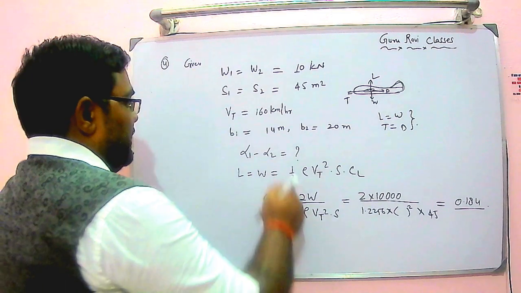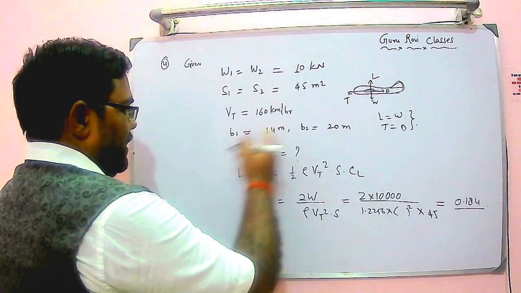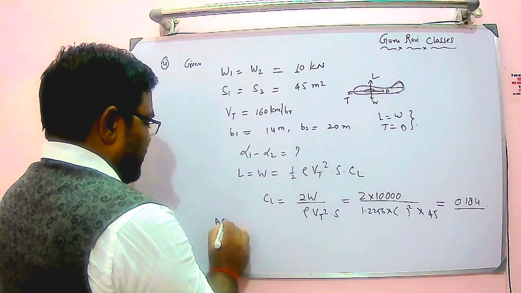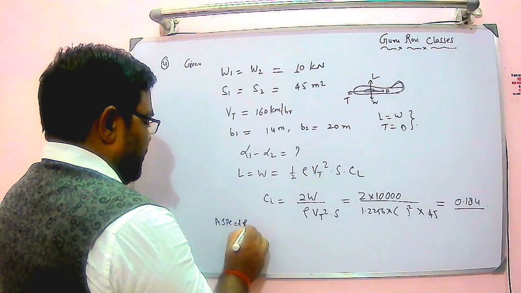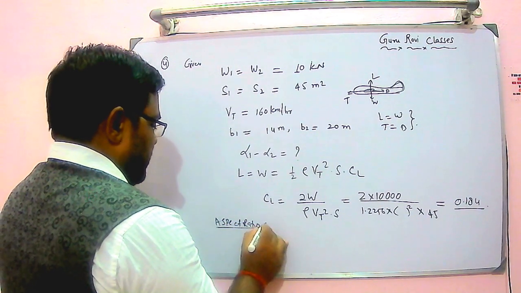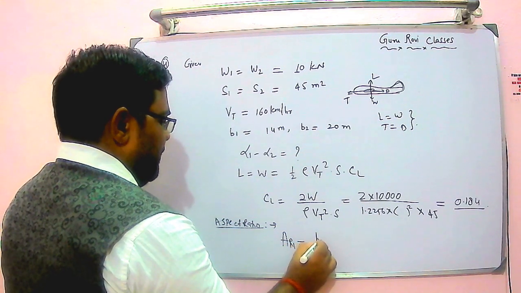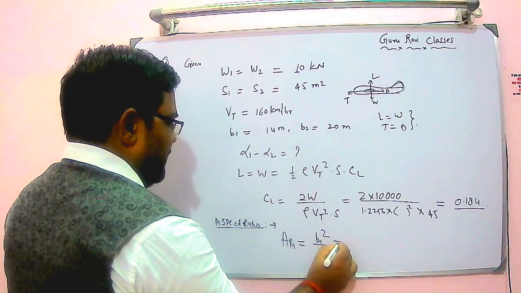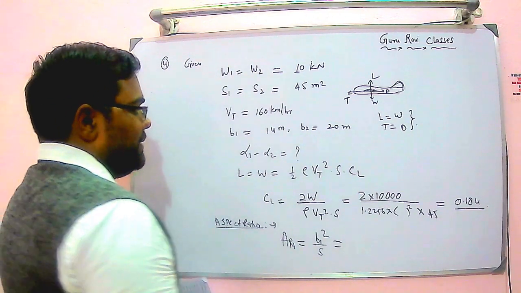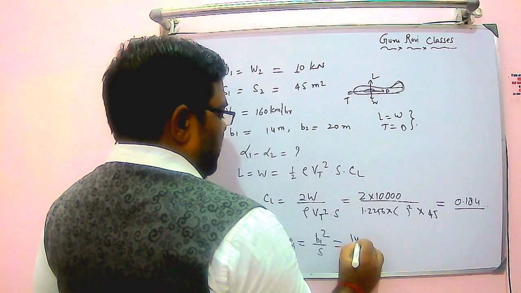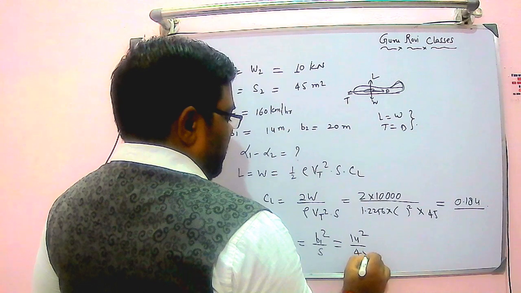Now as wingspan is different, right? So we can go for aspect ratios. Aspect ratio 1 is nothing but b1 square divided by S. So this is 14 square divided by 45.